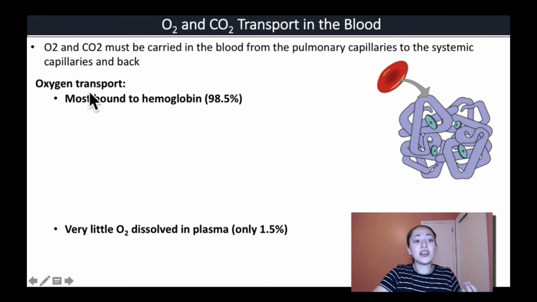Since oxygen is not very soluble in blood, only about 1.5% of your oxygen is actually just dissolved in the plasma of the blood. The rest of oxygen, 98.5% of it, has to be attached to a carrier molecule, which we call hemoglobin. And if you remember, hemoglobin is found within your red blood cells.